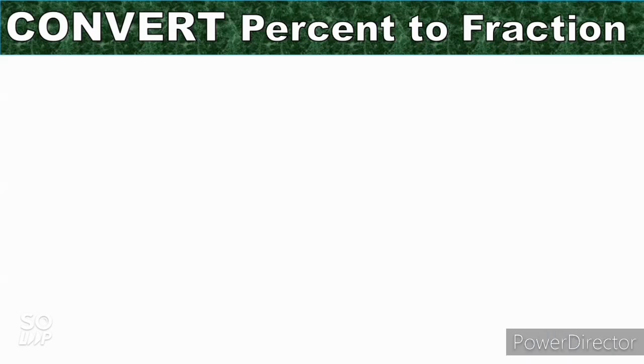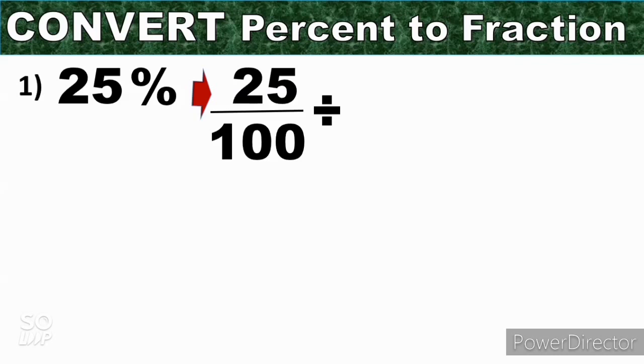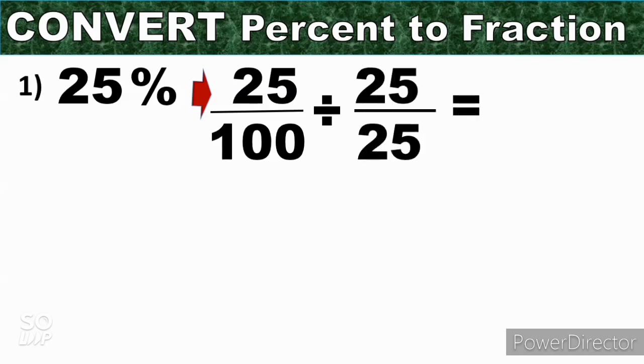And then now let's have another example on how to convert percent to fraction. We have number 1. We have 25%. To convert it into fraction, we divide it by 100. So we have 25 divided by 100. Okay, and the next is to simplify or find its lowest term by dividing both numerator and denominator by the greatest common factor, which is 25. 25 divided by 25 is 1. 100 divided by 25 is 4.